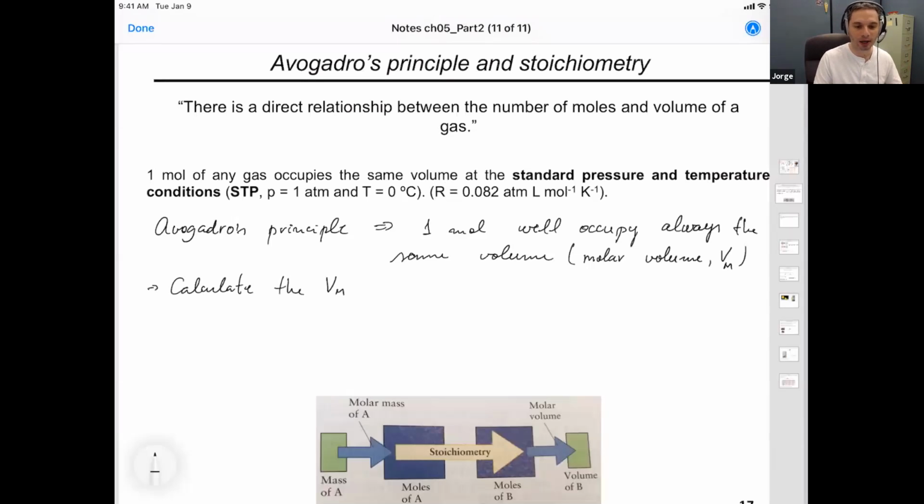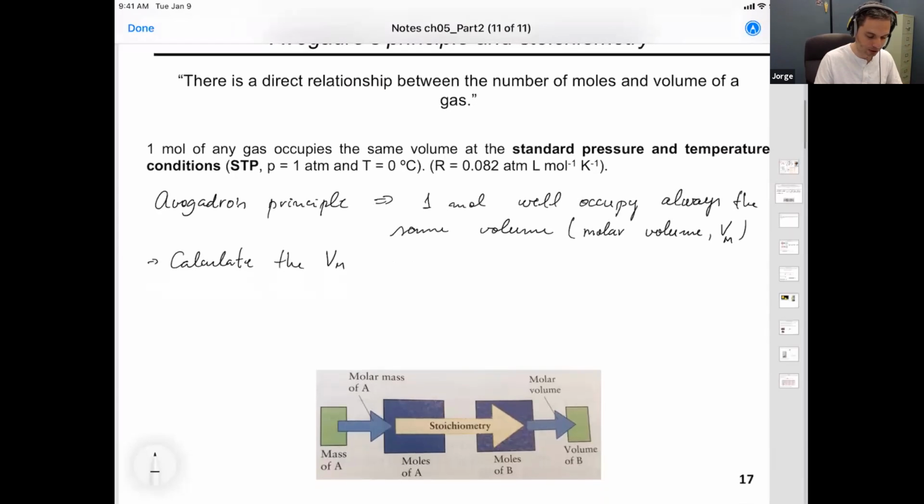Of course, we are assuming here that this is an ideal gas. If it is an ideal gas, we can use the ideal gas equation, PV equals nRT.